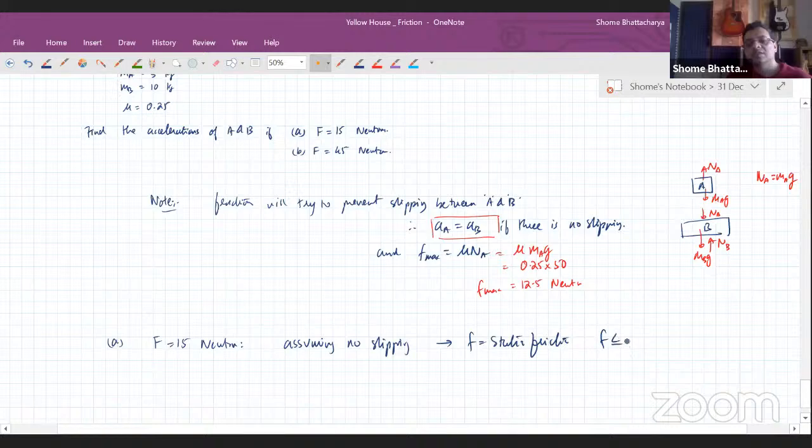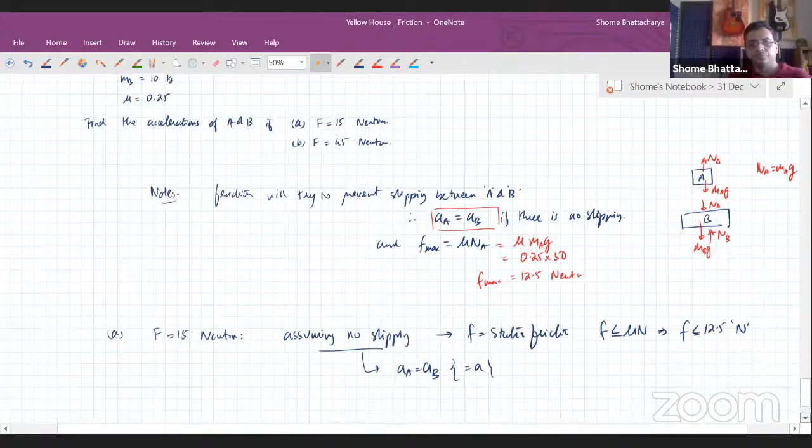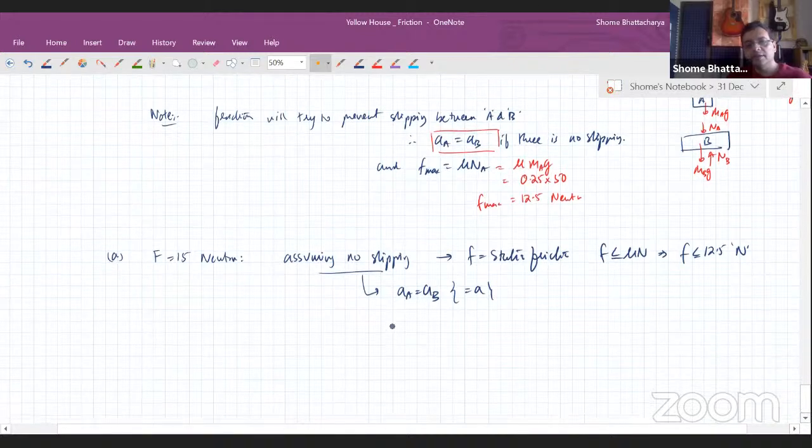So it is less than equal to mu n. So this friction should be less than equal to 12.5 newtons. But more importantly, acceleration of A should be equal to acceleration of B. So that is equal to a, suppose. So what will my free body diagram look like? Now I'm showing only the horizontal forces because vertical forces I've already taken care of.